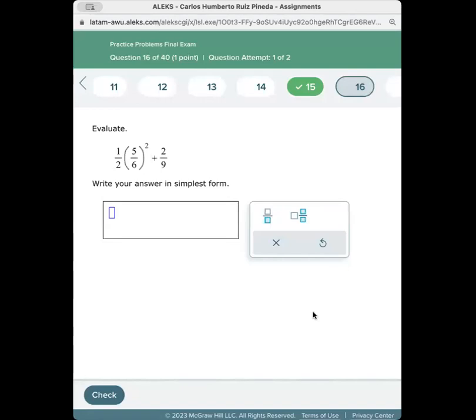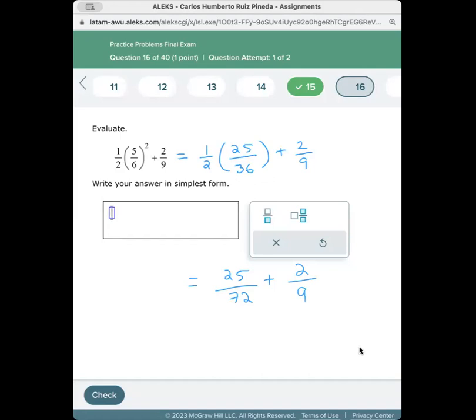In this exercise, we need to evaluate this expression. Evaluating means solving it. So 1/2, the parentheses, it's a fraction that is being squared. So it's 25 divided by 36 plus 2/9. And this is 25 divided by 72 plus 2/9. Now you can do this in the calculator, but let's do it by hand.